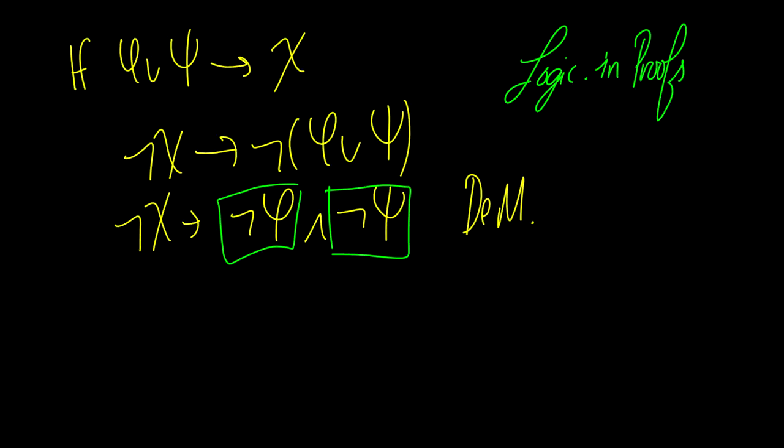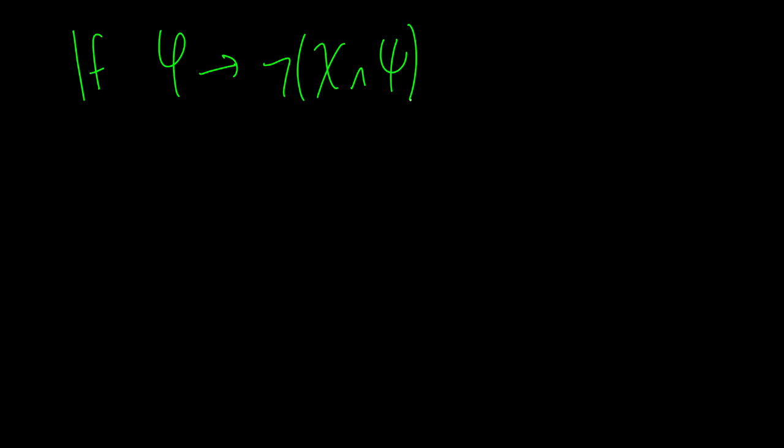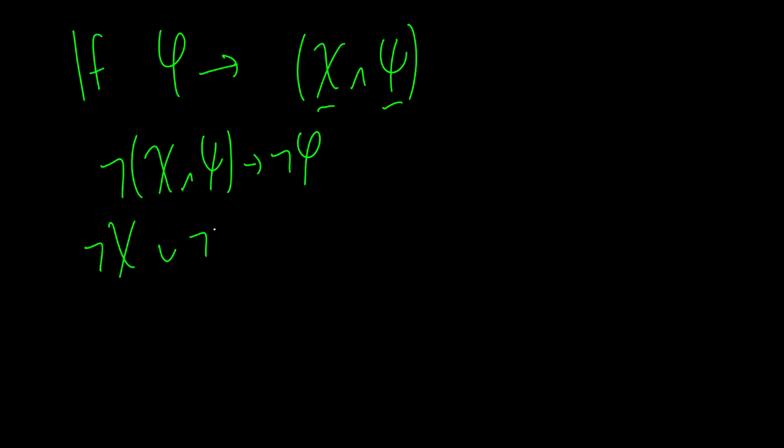However, consider the case where I say, if phi, then chi and psi. So if we assume phi, then we should be able to get both of these. However, if we have a contrapositive proof, what's interesting now is we get this nice logical equivalence.